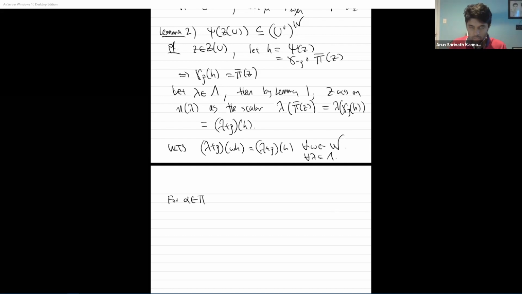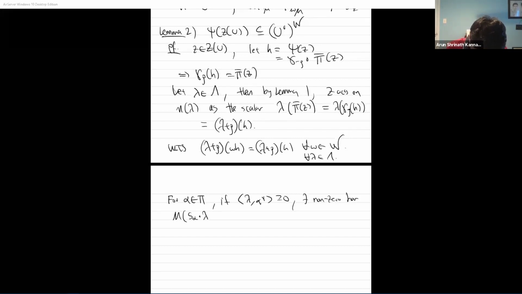So the way we're going to do this is using the fact that, with suitable criteria on lambda, you have homomorphisms between different Verma modules, and that forces the center to act as the same scalar on those. So for alpha in pi, if lambda comma alpha check is greater than or equal to 0, we have this non-zero hom from M of s alpha dot lambda to M of lambda. And so Z has to act as the same scalar on both.